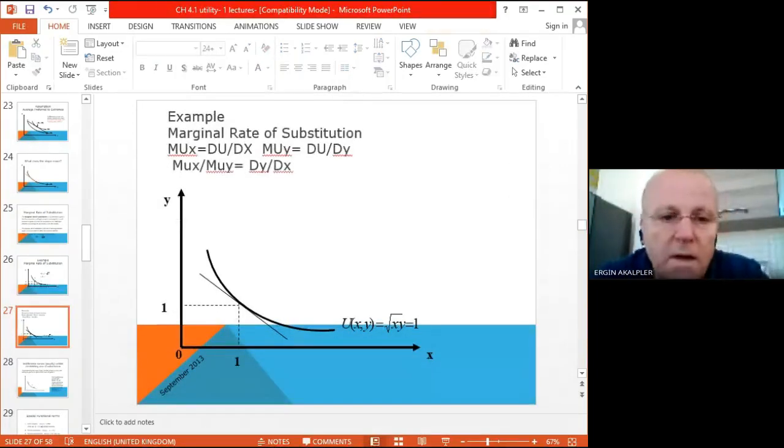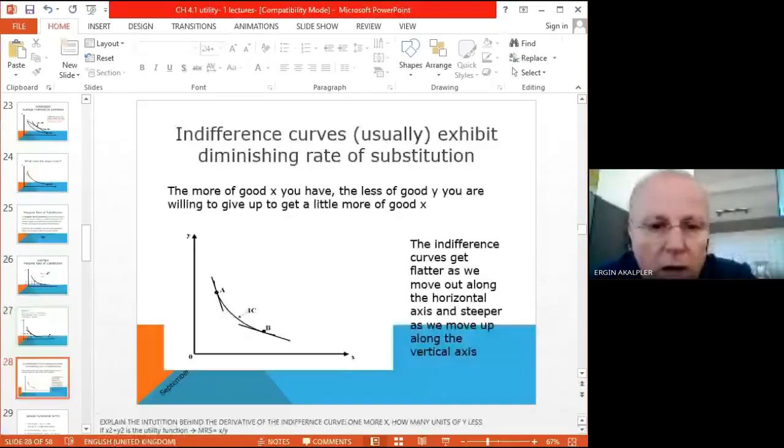When we move further, the indifference curve usually exhibits a diminishing rate of substitution. As I mentioned to you, the more of good x you have, the less of good y you are willing to give up to get a little more of good x. The indifference curve gets flatter as we move out along the horizontal axis, and steeper as we move up along the vertical axis.